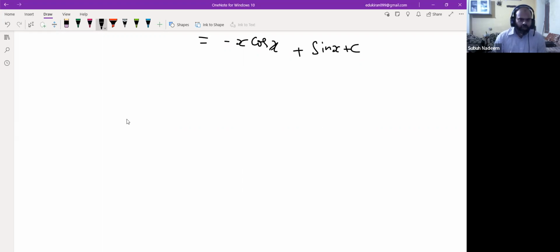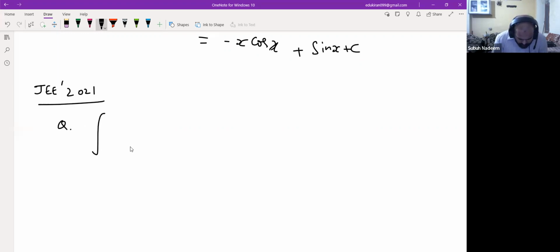So this question is from 2021 JEE, and you have to integrate 1 by the fourth root of (x minus 1) cube into (x plus 2) to the power 5.